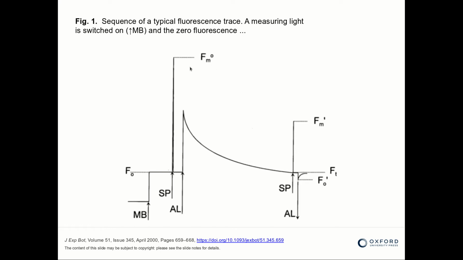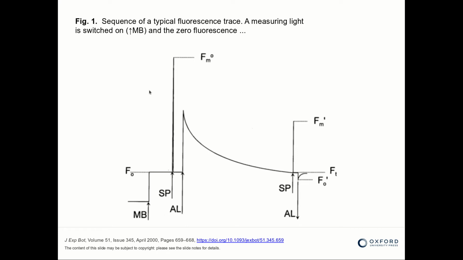This is the max, and in this case, it will be the maximal amount of fluorescence that you can theoretically get, because all of the chlorophyll holes in the photosystem 2 reaction center will be in their excited state.